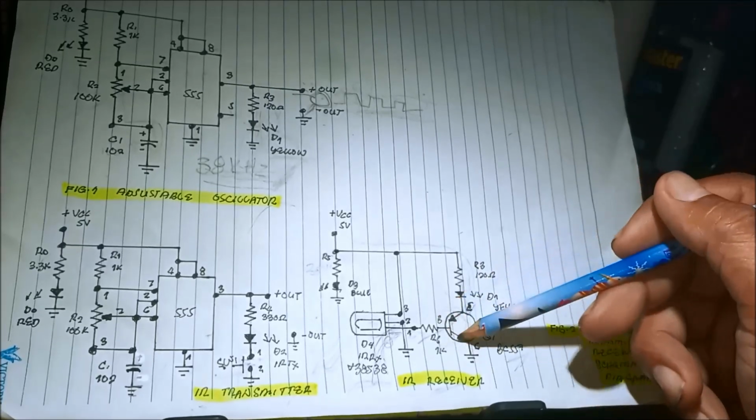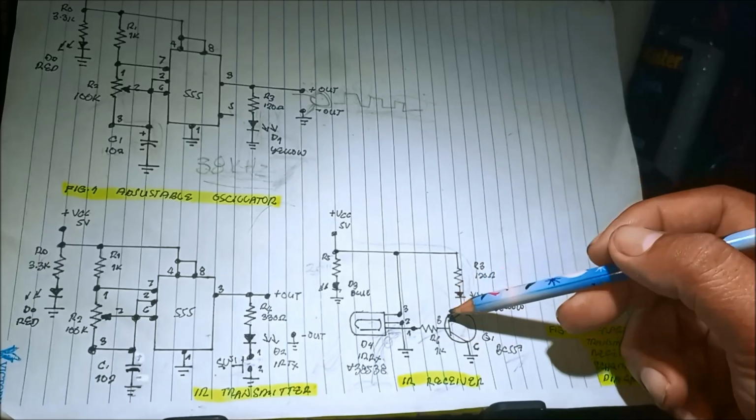This is how the current behaves in the circuit.